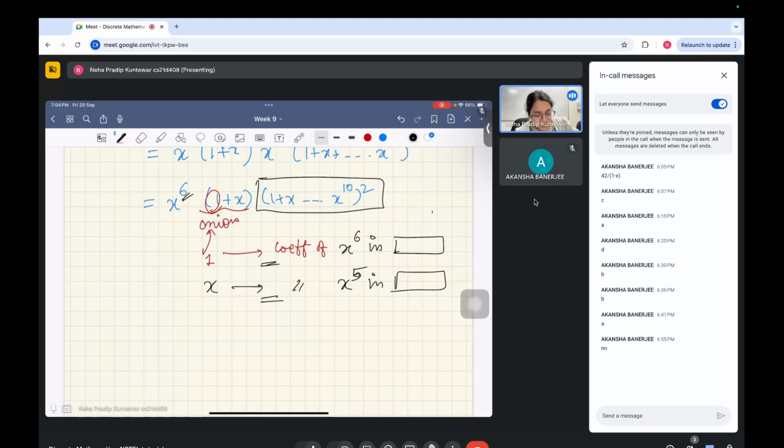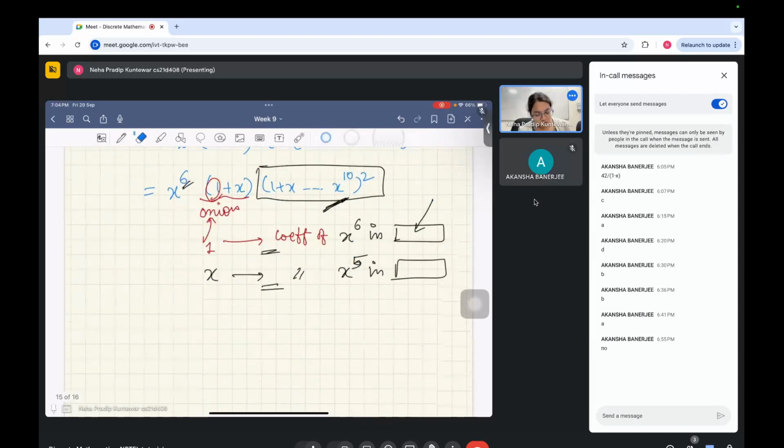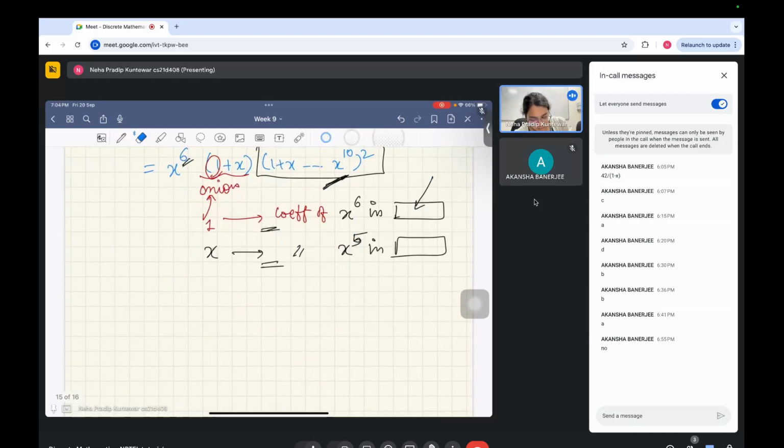So my claim is that you can do your approximation on this, because you don't have the at most condition that was stopping you from approximating in this. So you can do (1 minus x) to the minus 2, and the coefficient of x to the 6 would be, n is 2, r is 6, so this is 7 choose 6, which is 7.